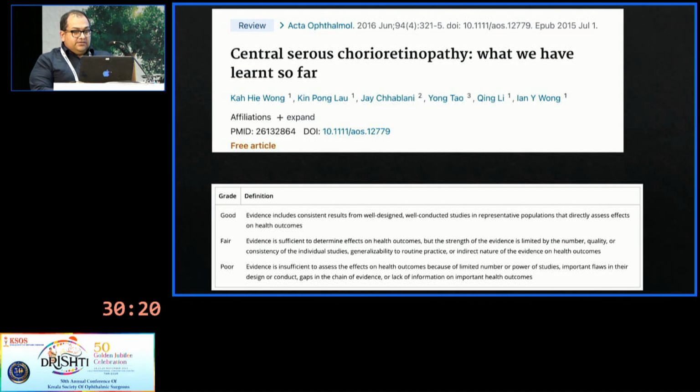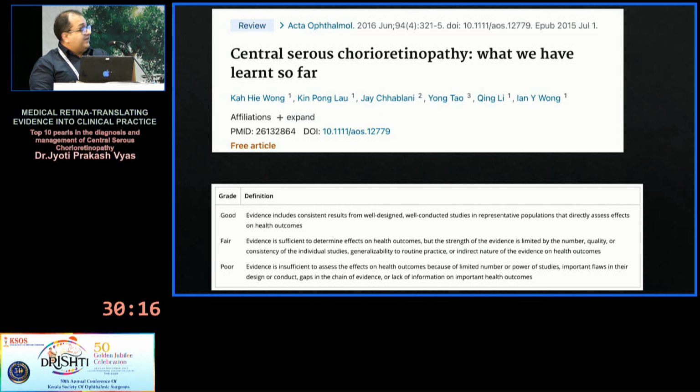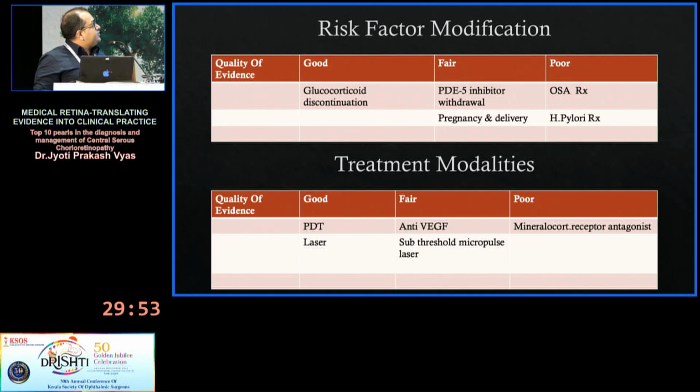Looking at the science, what we have understood over a period of time, the first thing which came out was in 2016 when Wong et al. put forward a few of the parameters which we usually look at in the history as well as the management protocols, which are based on the available level of evidence. They defined the evidence as good, fair and poor according to the standard definitions.